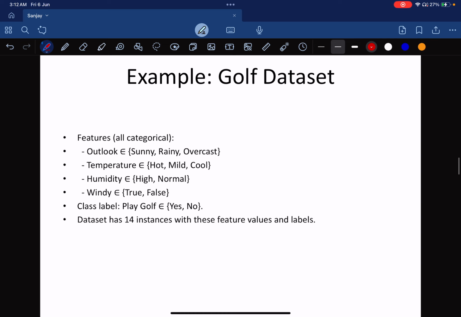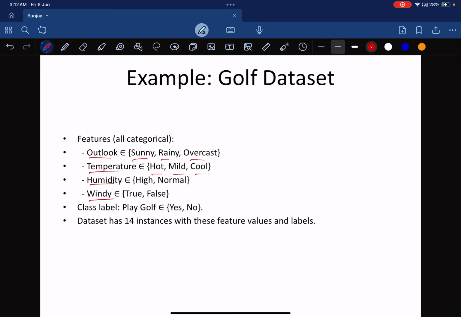Let's do some dry run. Let's take categorical data for a better understanding of the Naïve Bayes classifier. There are four features: outlook, temperature, humidity, and windy, and each feature has categorical values like sunny, rainy, overcast, and for temperature hot, mild, cold, and for humidity high and normal, and for windy true or false.